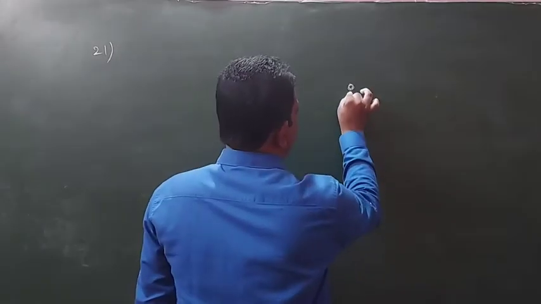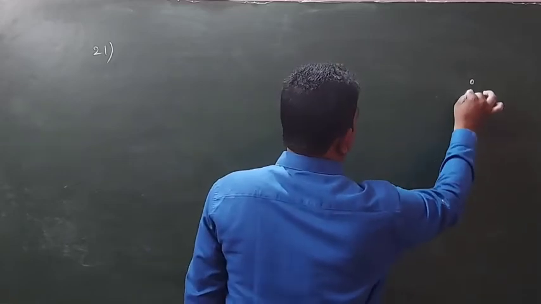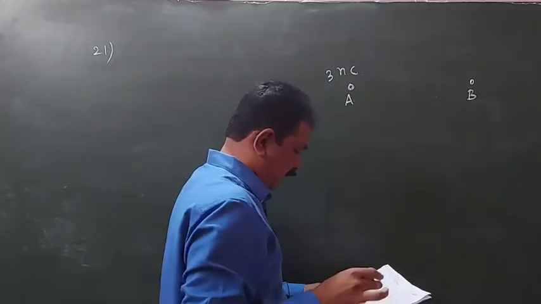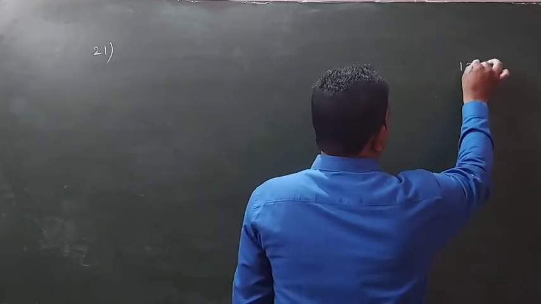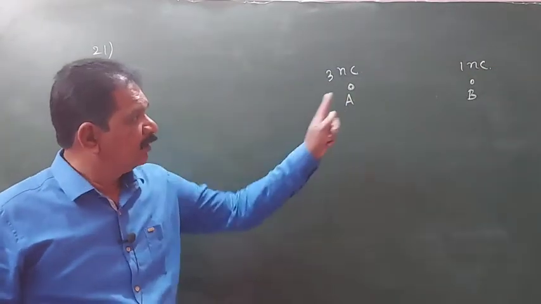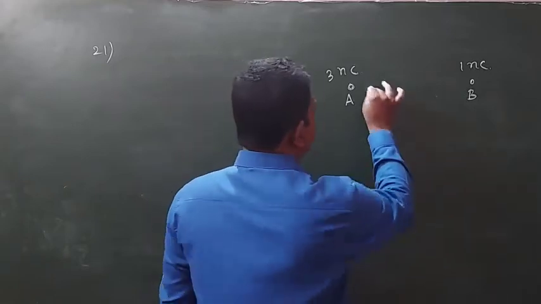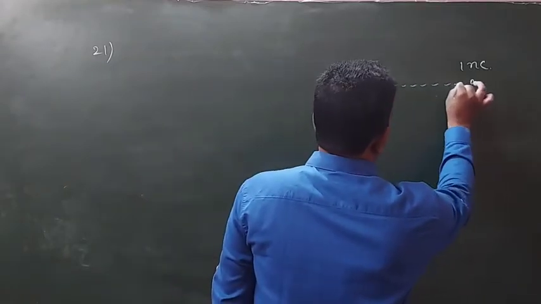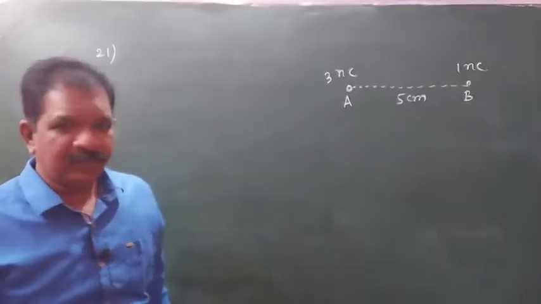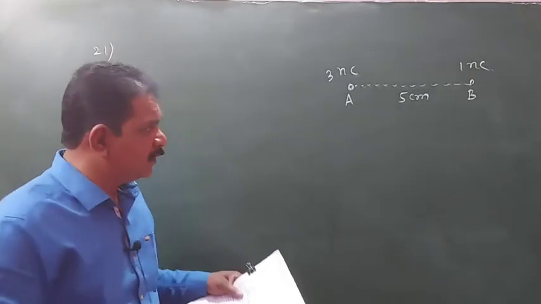Here at A, at B, here 3 nanocoulomb is there. Here 1 nanocoulomb is there. The distance between them will be 5 centimeter. They decreased this B.